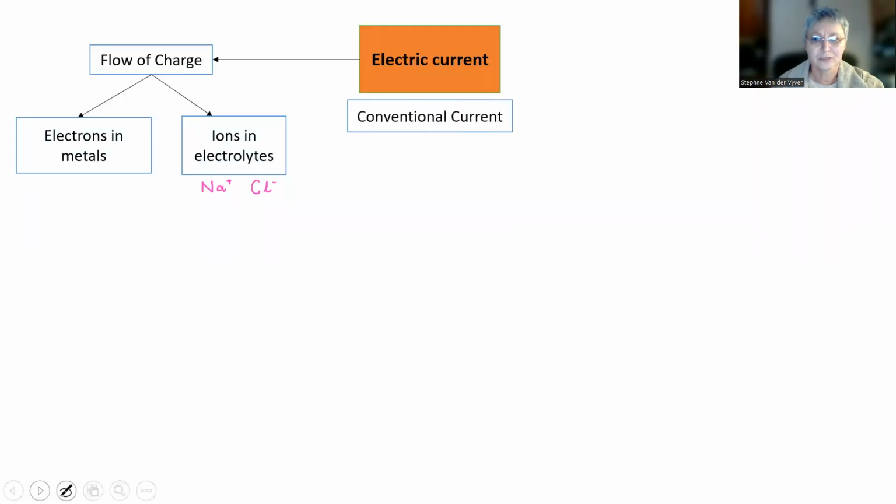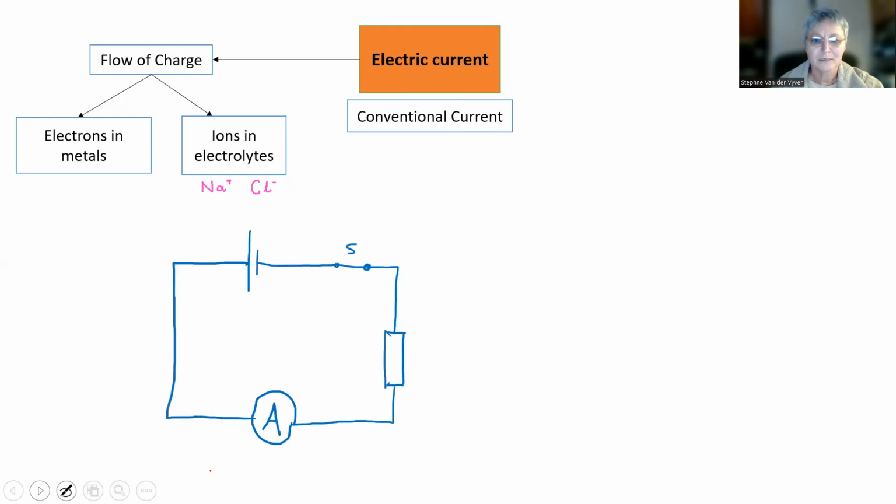We do consider the conventional current as the flow of charge from a positive terminal to a negative terminal of a power supply. Just to explain these concepts using a simple circuit diagram. Here I've got a circuit that consists of a battery or a cell.